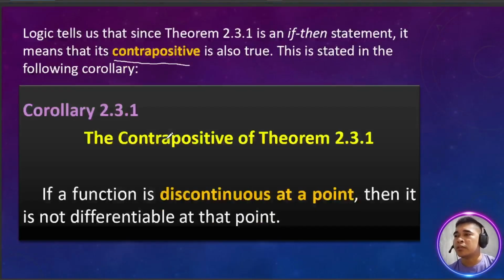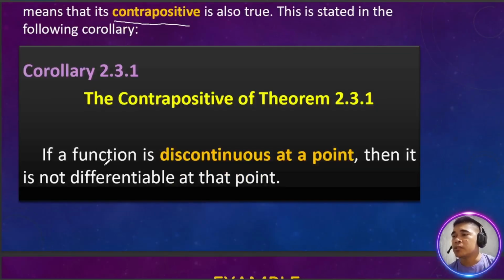It is stated in the following corollary. So we have corollary 2.3.1, the contrapositive of theorem 2.3.1, which states that if a function is discontinuous at a point, then it is not differentiable at that point. Pag discontinuous siya sa point, then it is not differentiable at that point.